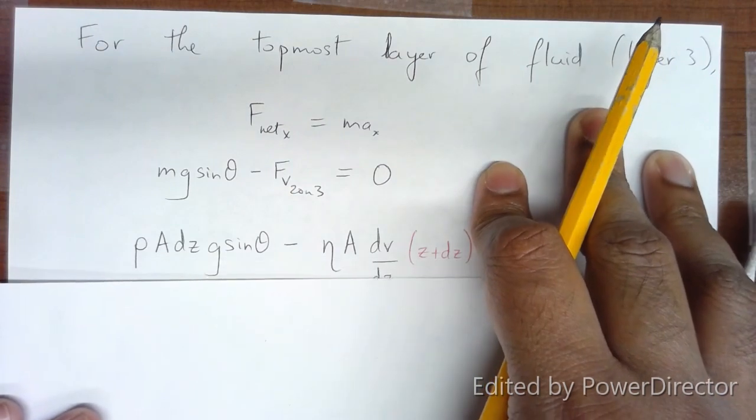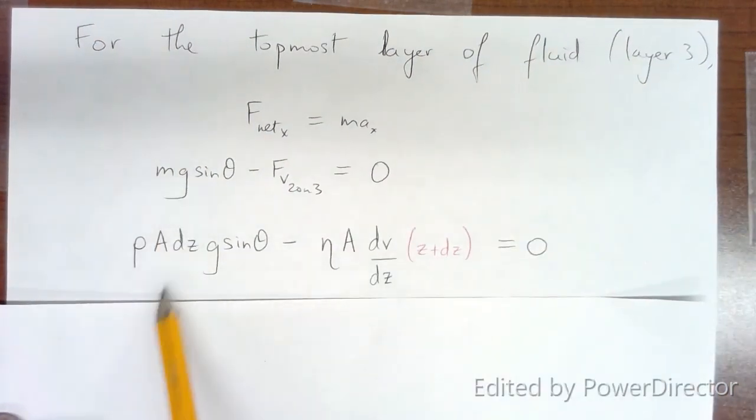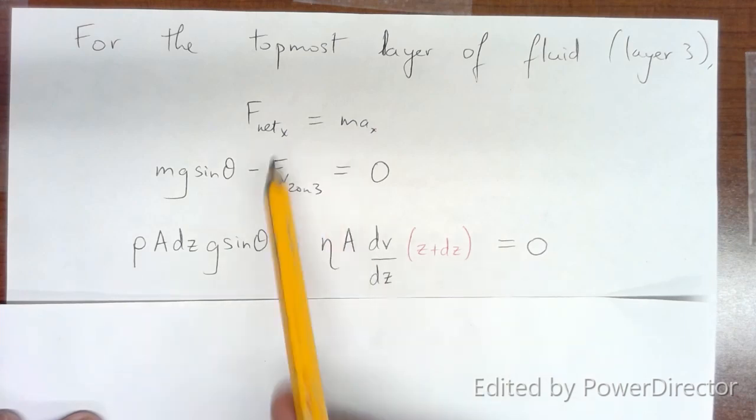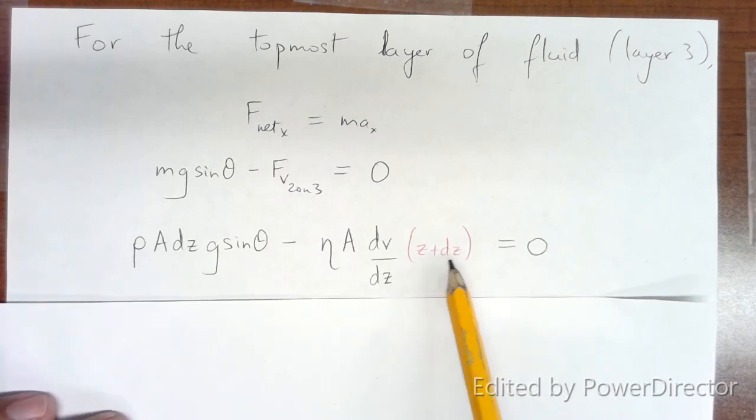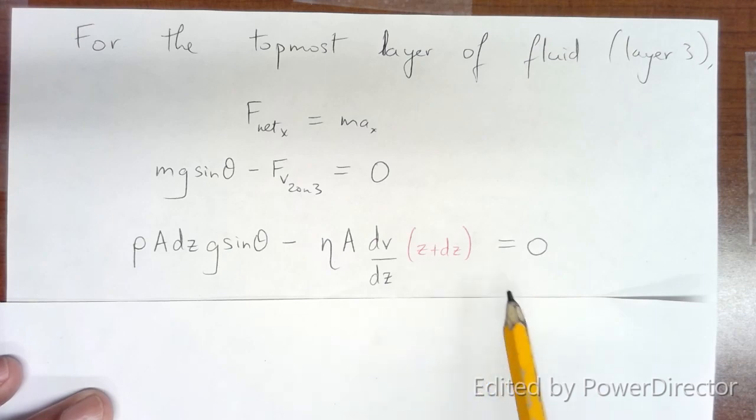We can follow the same procedure as before and substitute for the mass in terms of rho a dz, substitute for the viscous force. All right. But our previous trick of rewriting things to make them a derivative doesn't work here, because for that we need a function evaluated at two different positions separated by dz.